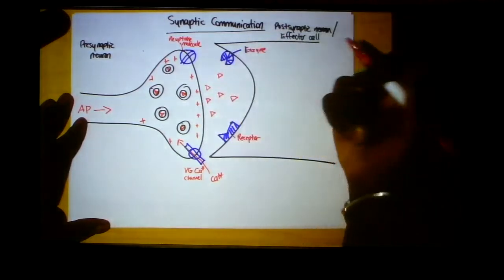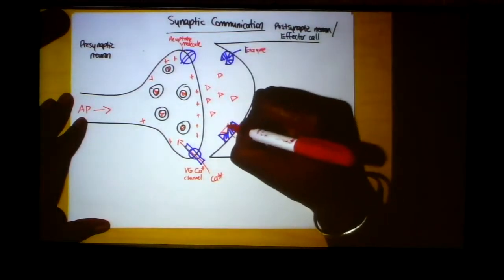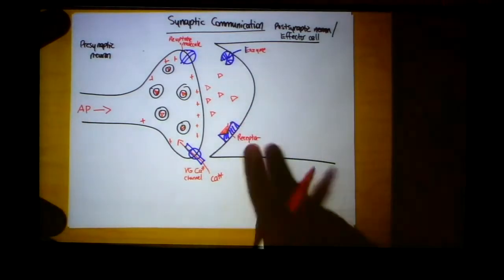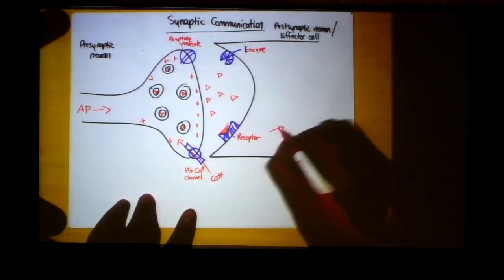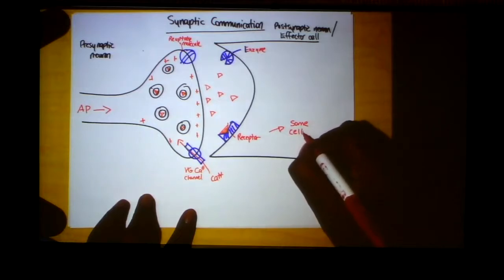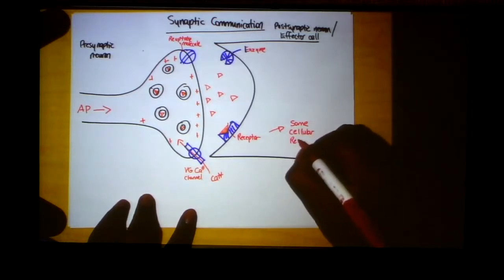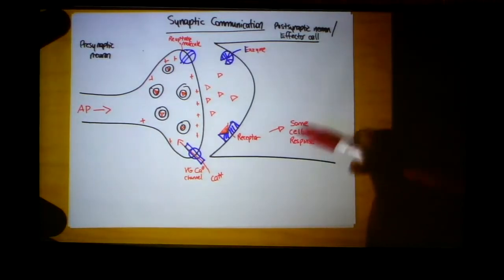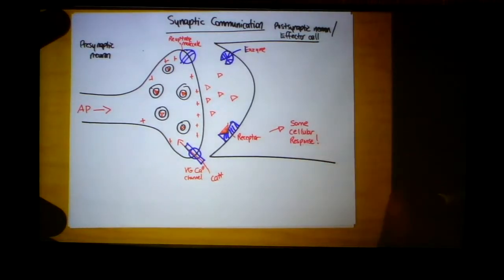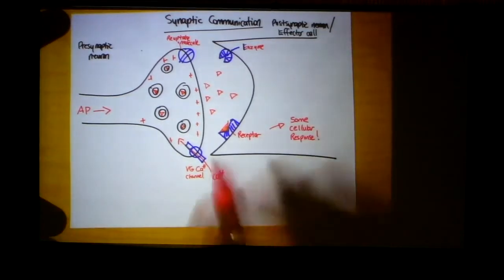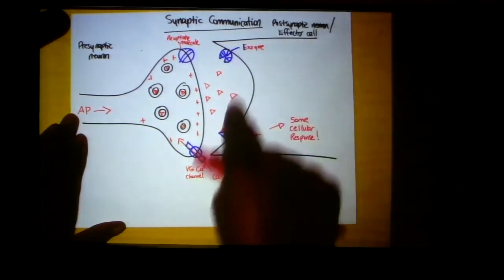When this dumps out into the cleft, it's going to bind, again, very specifically to its receptor here, and binding to this receptor will eventually bring about some cellular response. We'll talk more about what this is towards the end of today, but don't be focused too much on this. So the binding happens, and that brings about some sort of cellular response on the second neuron or the second cell.